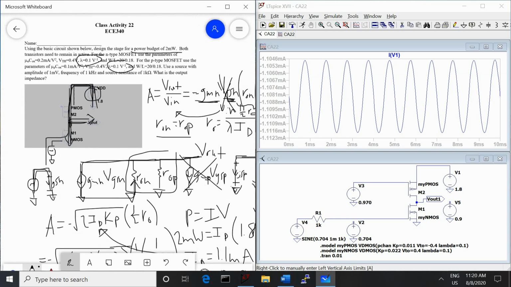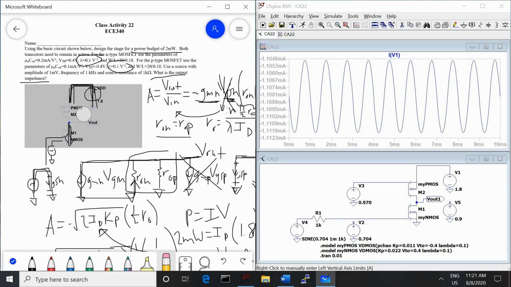And finally, this problem asks us what the output impedance is. So we need to know what the impedance is that we see from V out looking into the circuit. So we'll make it so we can see our circuit a little better here. Looking up, we're looking into the drain of the PMOS, and looking down, we're looking into the drain of the NMOS.